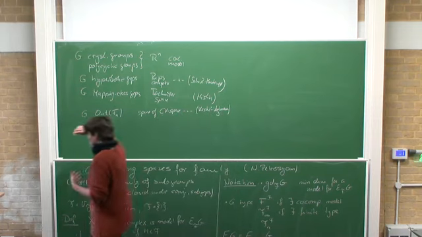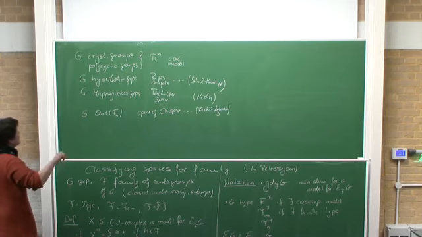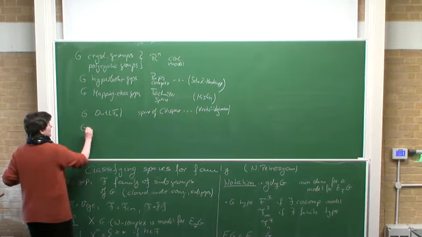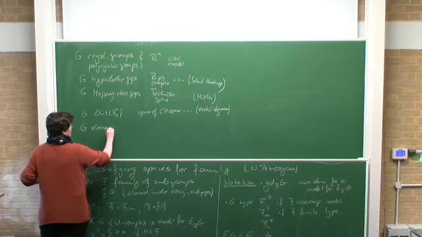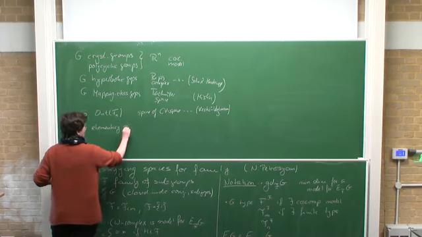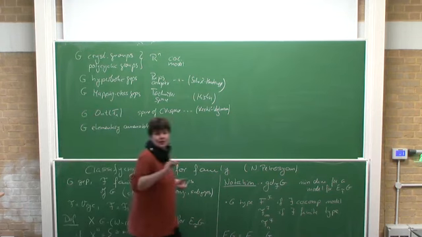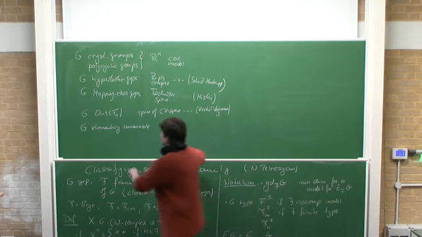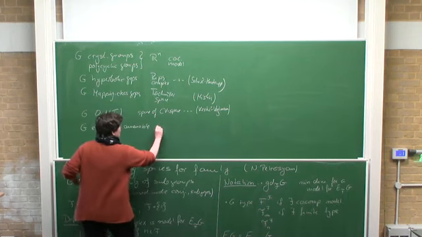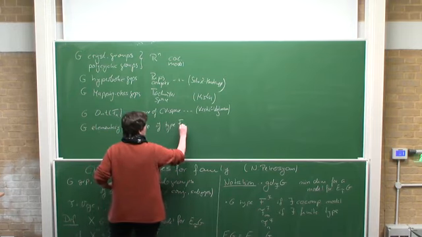Any other groups I wanted to mention? Oh yeah, soluble groups. So if you take an elementary amenable group, here you really can't just find a space. You have to use a result by Kropholler, and a bit more.